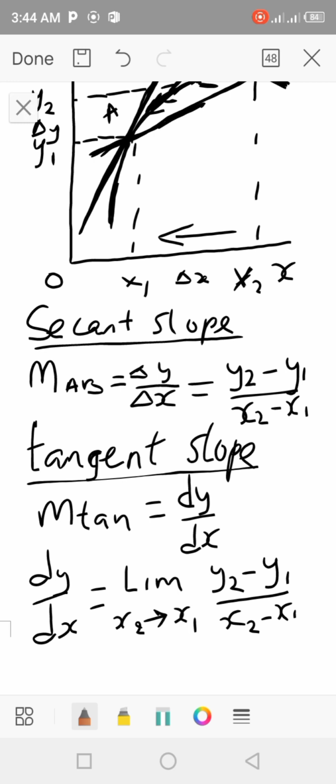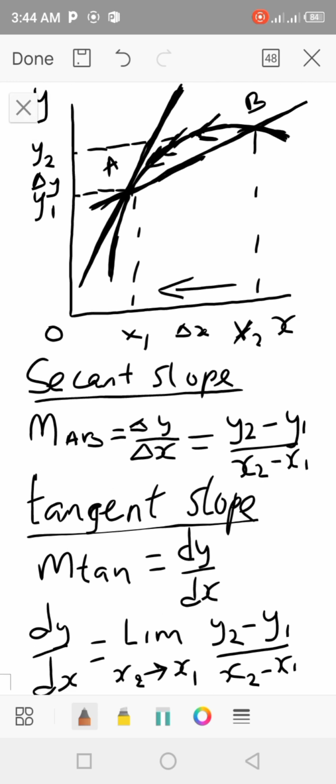So as x2 moves closer and closer to x1, the limit of the secant slope is our tangent slope. So that is how we can find the slope at point A, at the initial point.